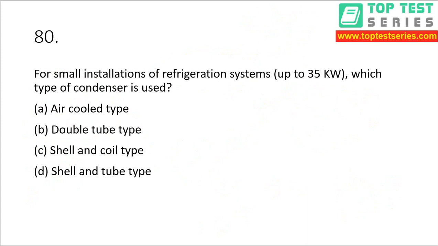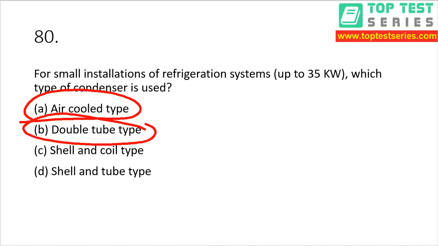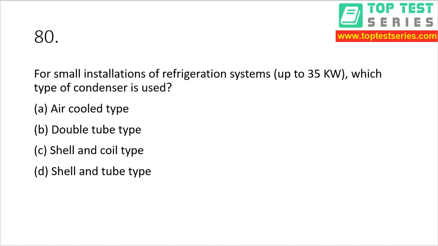Question number 80. For a small installation of refrigeration system up to 35 kilowatt, which type of condenser is used? My dear, air cooled condenser up to 5 kilowatt, double tube condenser up to 10 kilowatt, shell and coil condenser, my dear, up to around 50 kilowatt, and shell and tube should be around 1000 kilowatt, right?